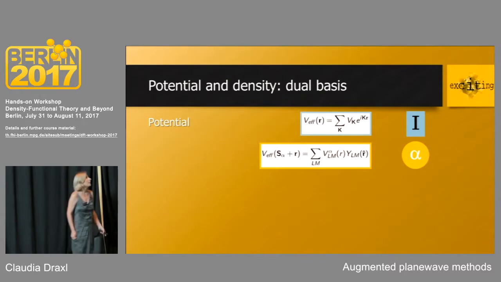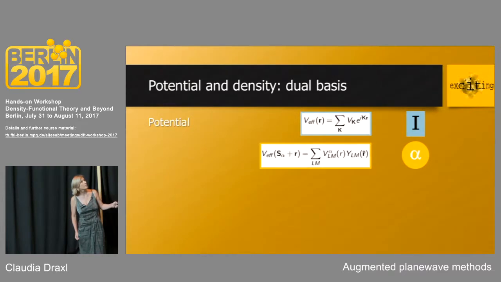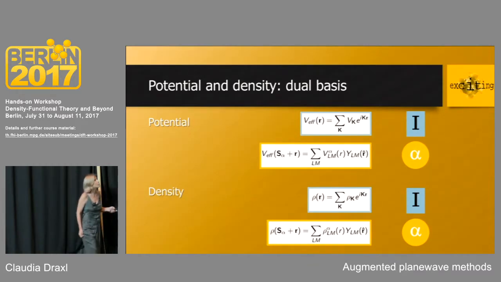Well, also for the potential, just to make it short, we have a dual basis. In the interstitial, we have an expansion of our potential into a Fourier series, and in the spheres, we again make use of YLMs, so of atomic-like solutions. And the same is true for the density.